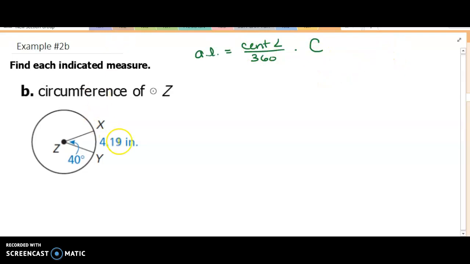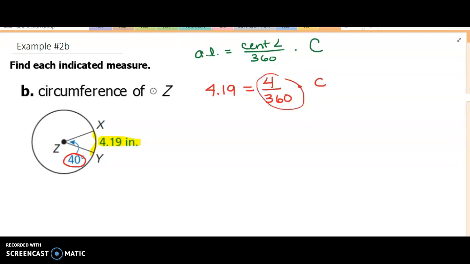Right here, notice I'm given the arc length. It tells me that from x to y is 4.19 inches. So the arc length is 4.19. That's going to equal the central angle over 360 times my circumference.